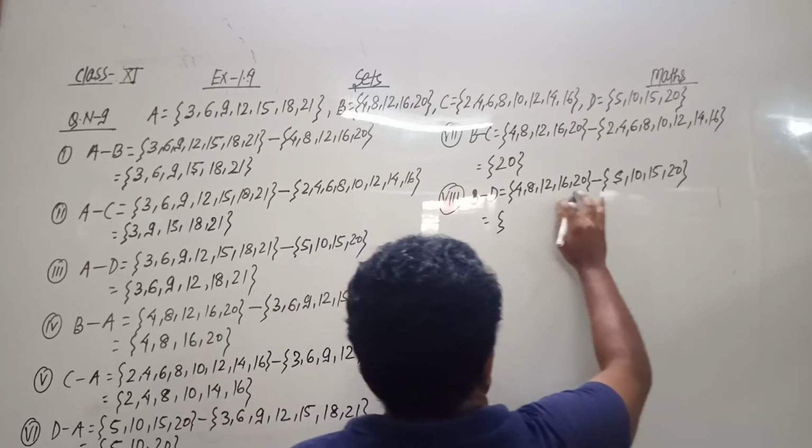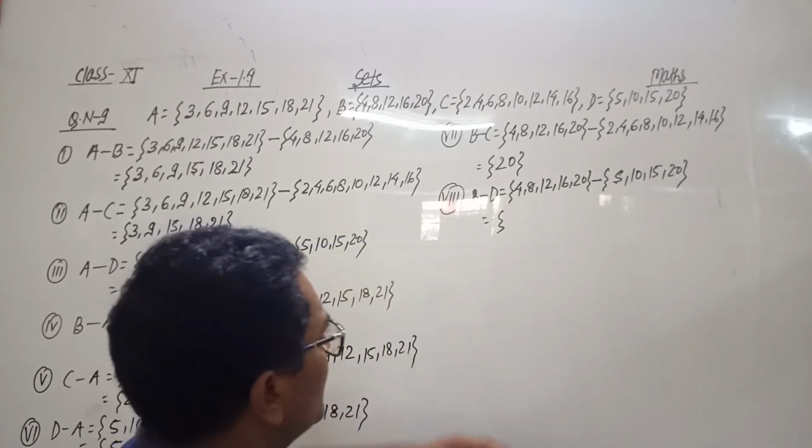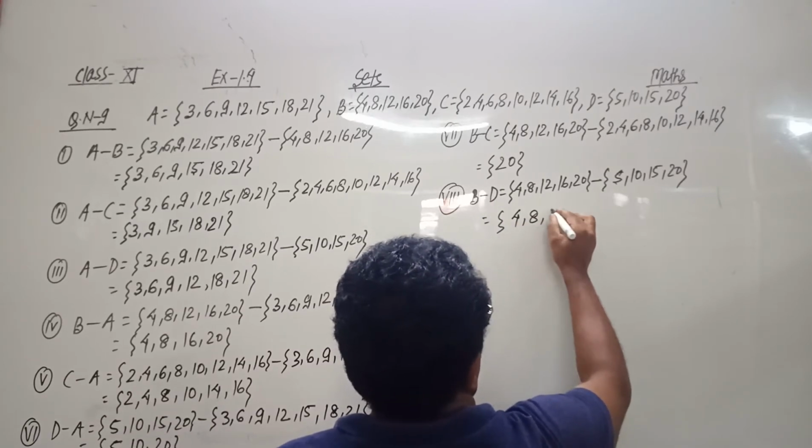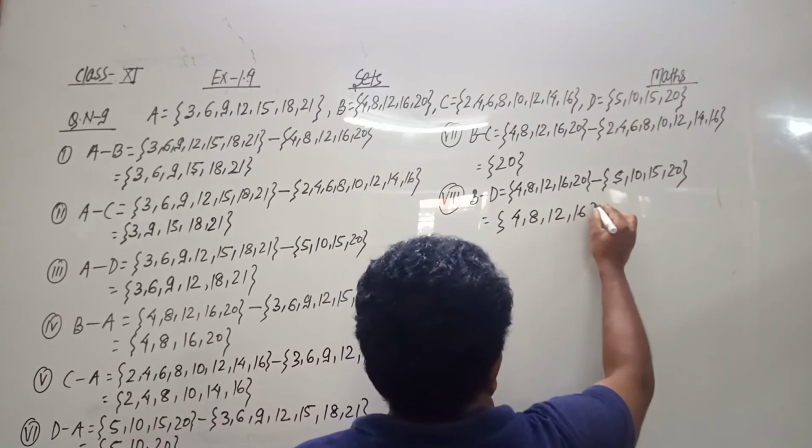So those elements of B which are not in D: 4 is not available in D, then 8, 12 and 16.